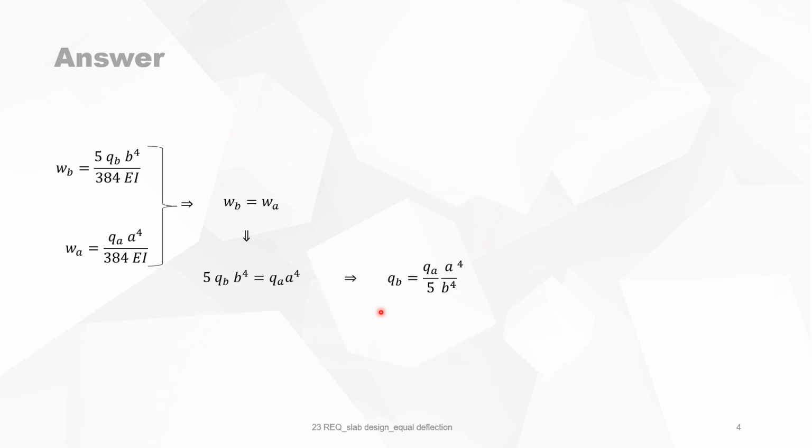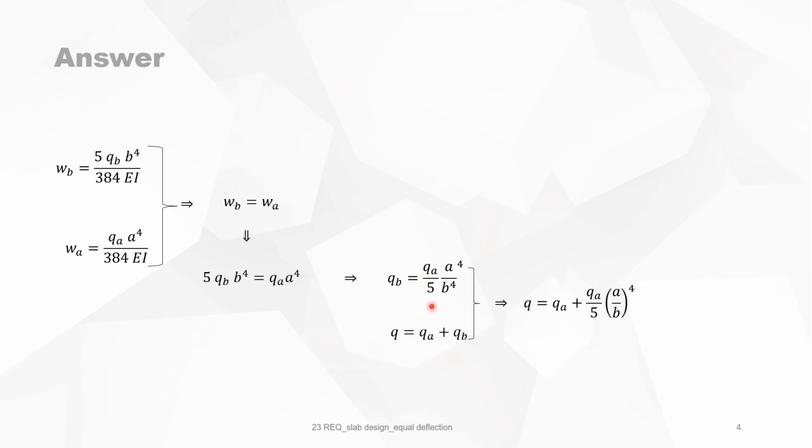or you can say the total load in direction of B is equal to the total load in direction A multiplied by A over B to the power 4 and divided by 5. But we know that the total load in direction A plus the total load in direction B is equal to the total load.